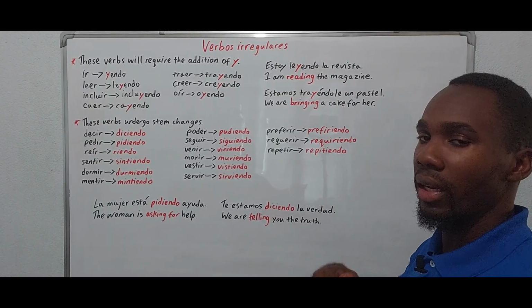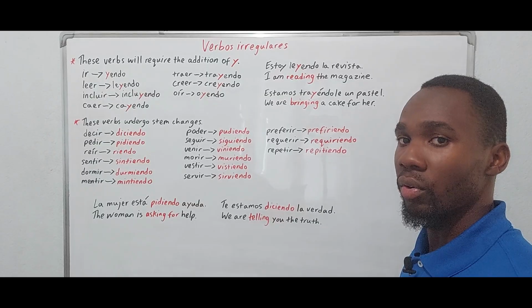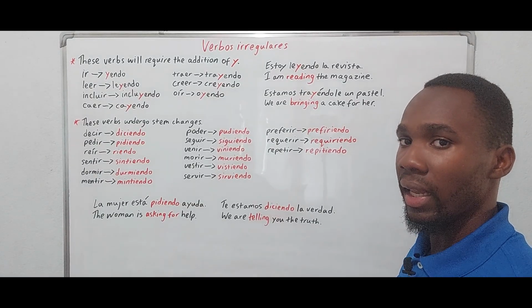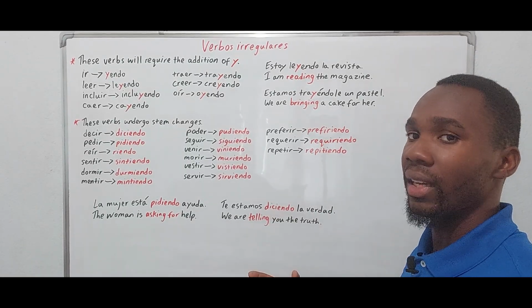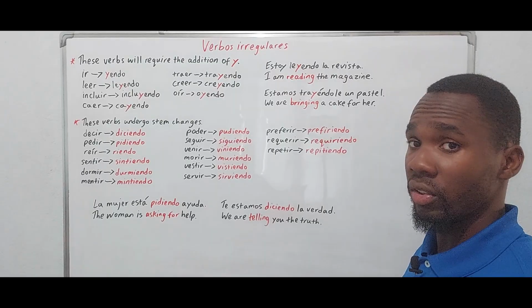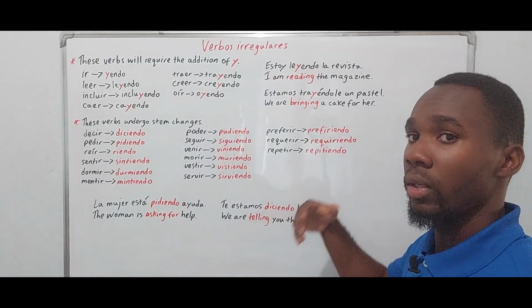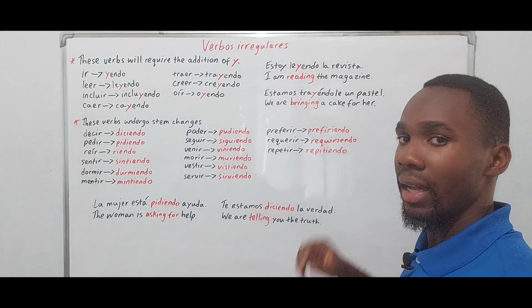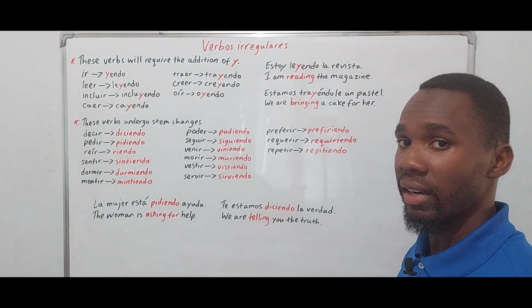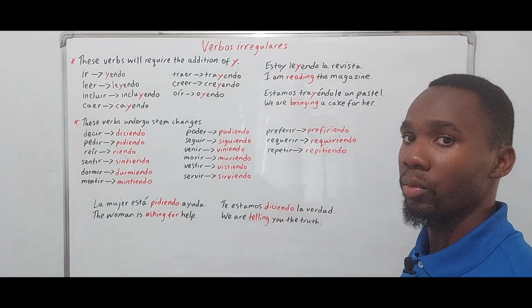Now, le is an ambiguous pronoun because it can refer to él, ella, or usted. But let's just assume based on context that it is already understood that we're talking about a woman. Okay? So this is why I did not add the indirect object. I just used the indirect object pronoun.